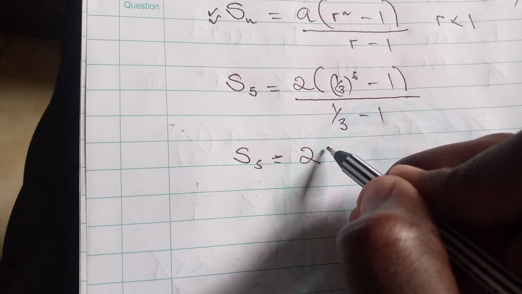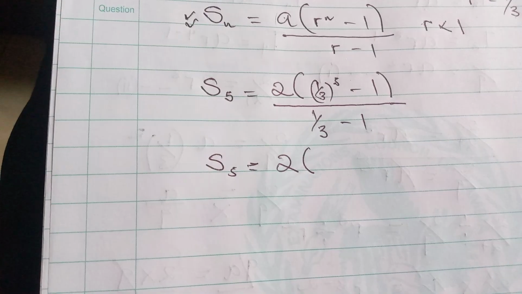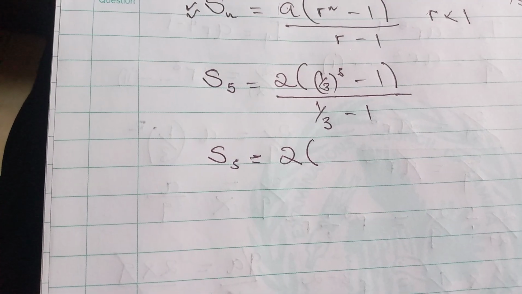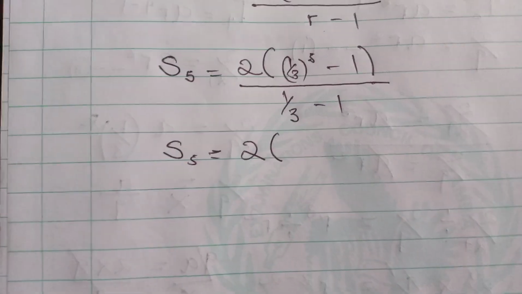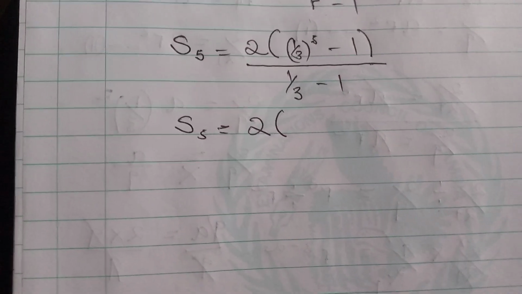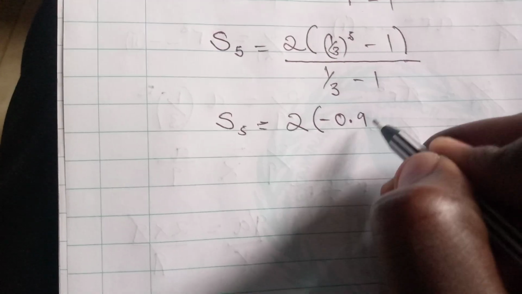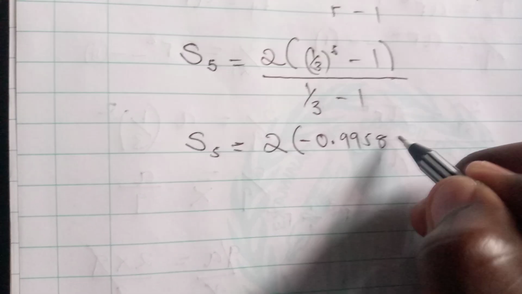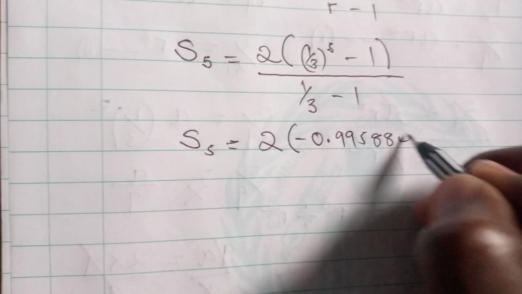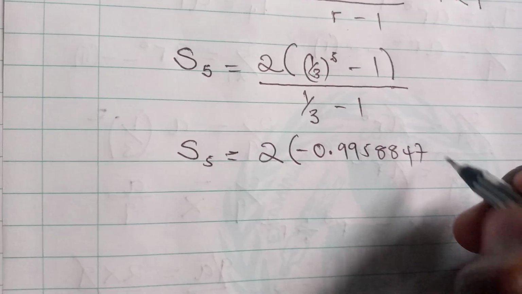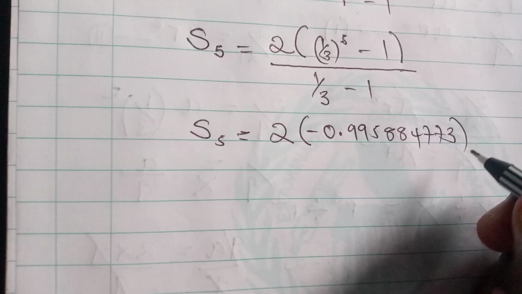So when you simplify the values inside the brackets, you're going to obtain negative 0.995884773.